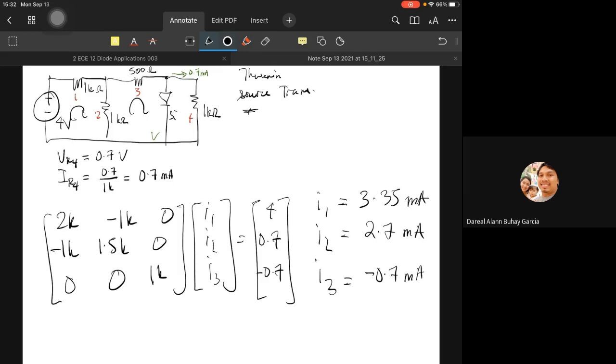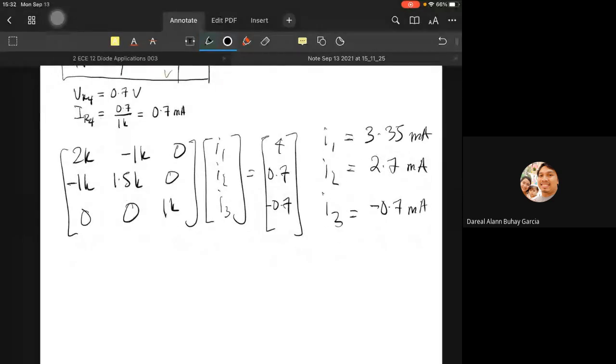Meaning, aning negative is pa dito dapat ang direction, no? Okay man na siya, ha? Direction naman na negative.